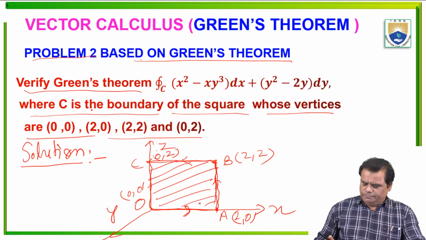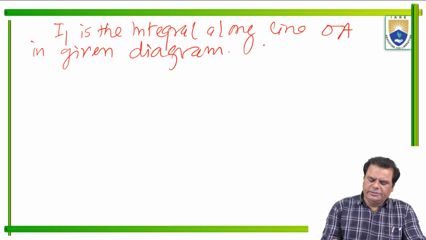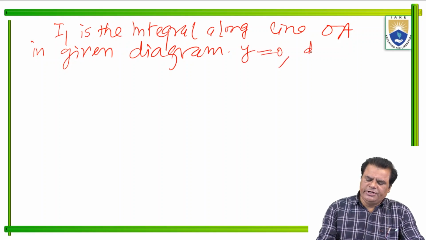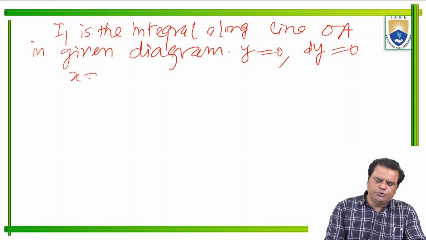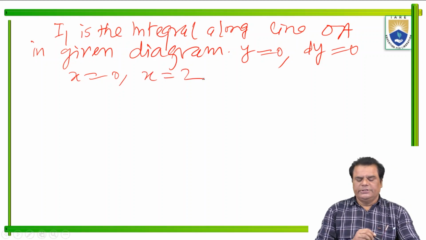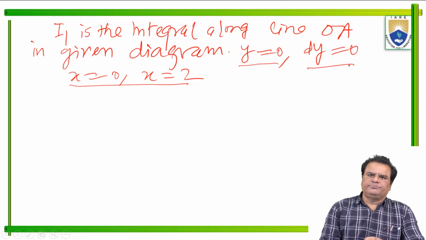Y equal to 0 means dy is 0. What is x? X goes from 0 to x equal to 2. This is the limit of x.